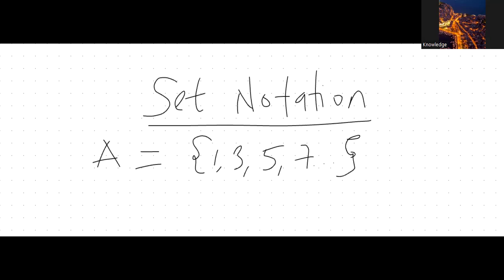So we'll say that A is equal to, curly bracket open, odd numbers 1, 3, 5, oh sorry, 6 is not part of it, that's a mistake, 5, 7, and so on and so forth, the odd numbers. And then we close our curly bracket.